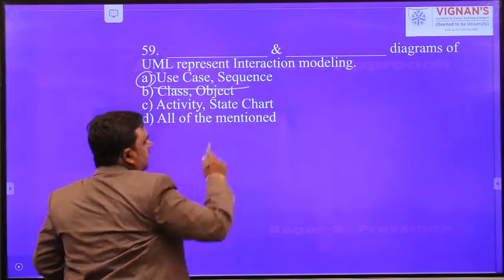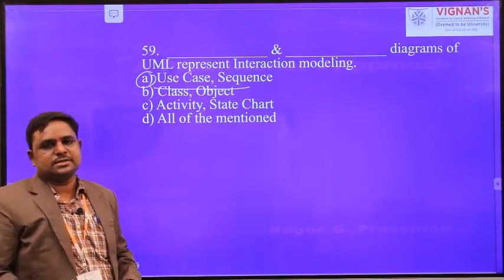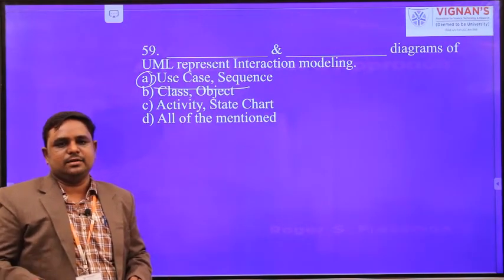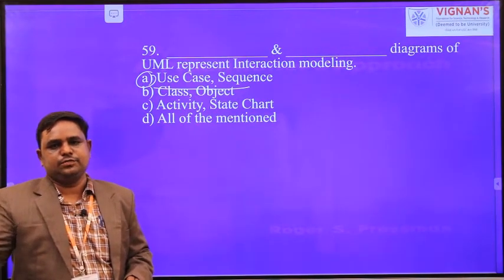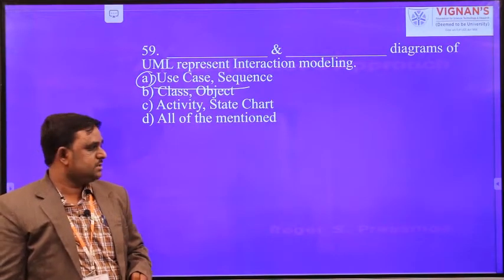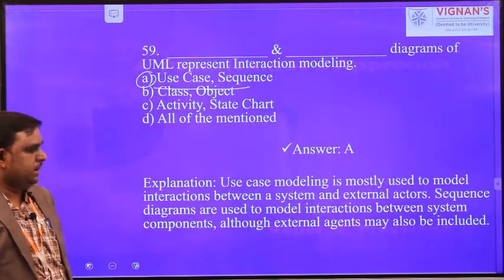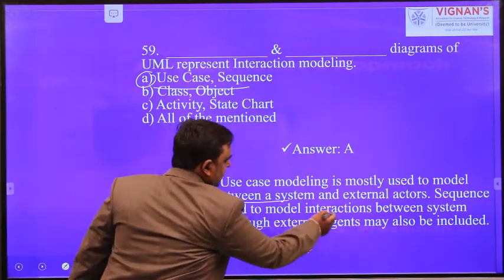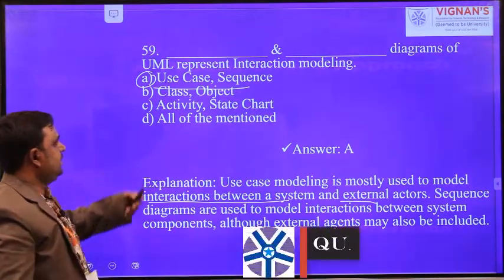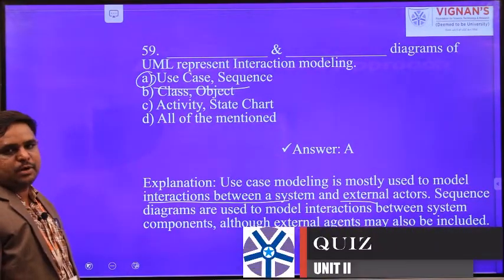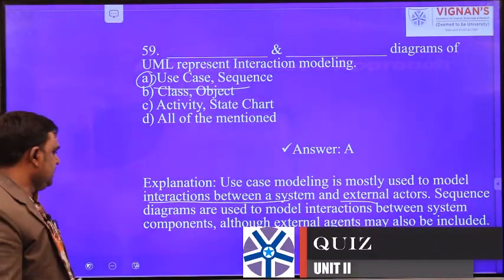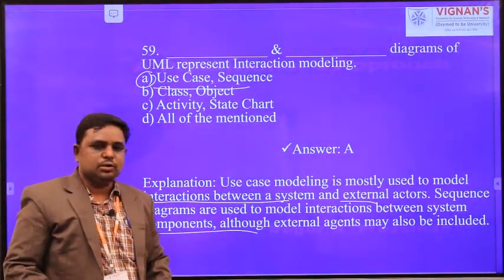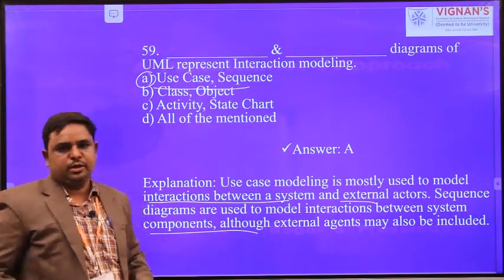Use case tells us the actor's action and the system response, and in the sequence diagram we can understand how the system flows, sequence by sequence. So the answer is A. Use case modeling is mostly used to model interaction between the system and external actors by using use cases, and sequence diagrams are used to model interactions between system components, although external agents may also be included.